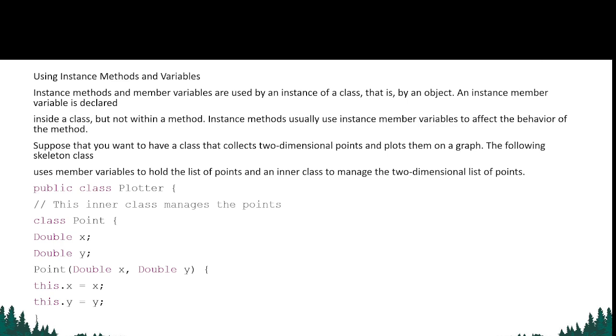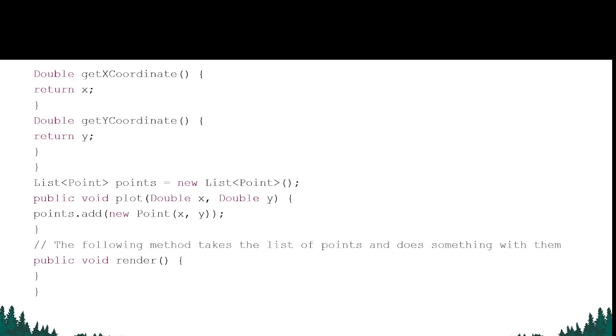Then I can also store these values in double x and double y, and I can access the values of x and y with the help of the this keyword. I can also get the x coordinate by providing the data type, and it will return the x value. I can also get the y coordinate, and it will return the y value.